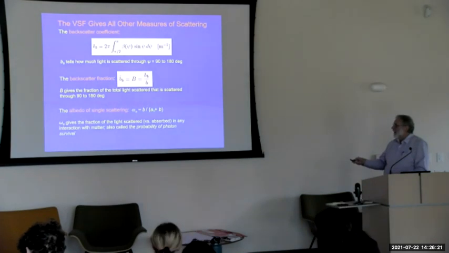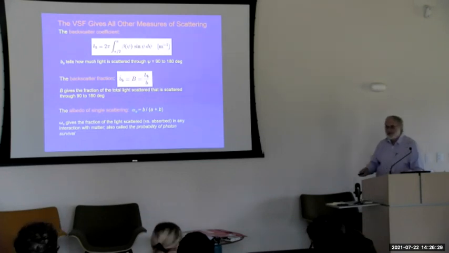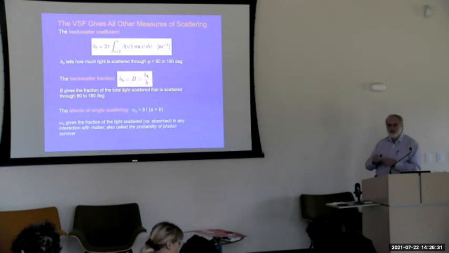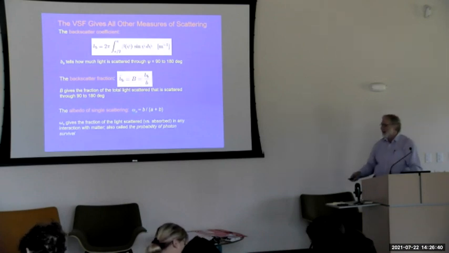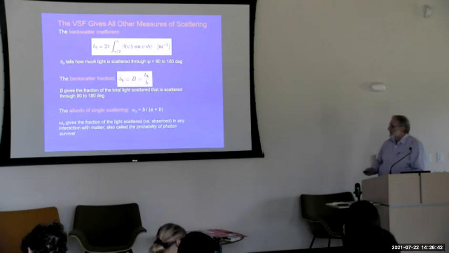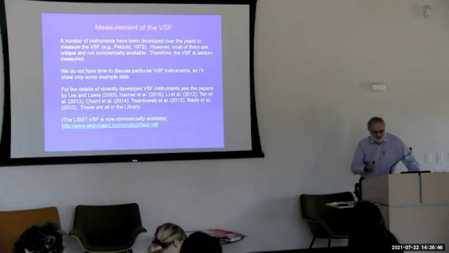If there's no absorption, a, then b over b becomes 1, and it's guaranteed to be scattered. So if omega is 0, the photon's absorbed, doesn't survive. If at the other end omega is 1, the photon is never absorbed, they all survive. And you'll see this again later on. Now, how do you measure the VSF?